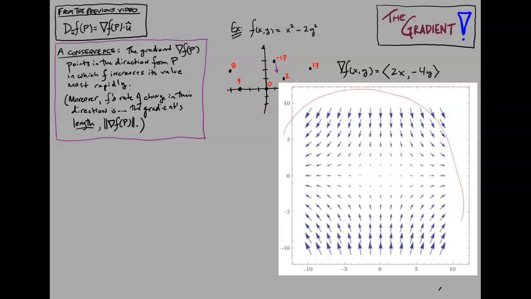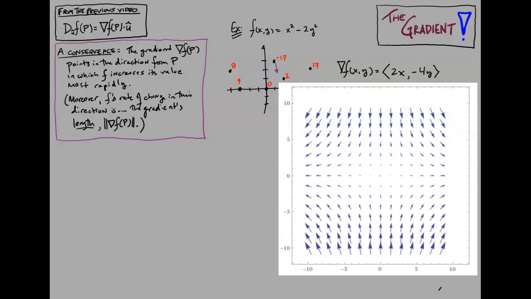Now what this gradient field, what this picture does for us, when we think about it in terms of our new interpretation of the gradient as giving us the direction of most rapid increase, it gives us a sense of what direction you would have to go if you were dropped anywhere in this field if you wanted to move in the direction that maximized the value of the function as rapidly as possible.